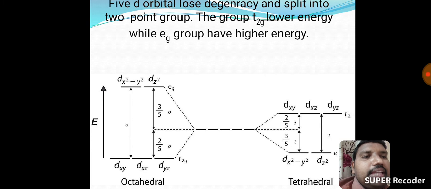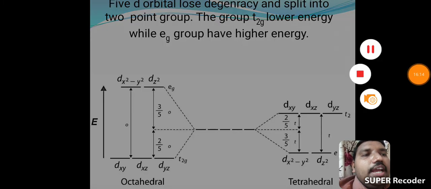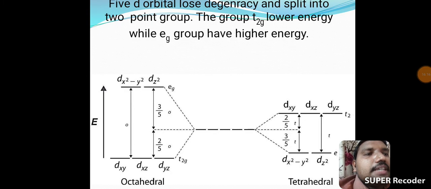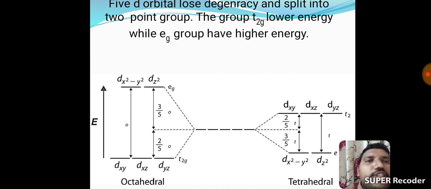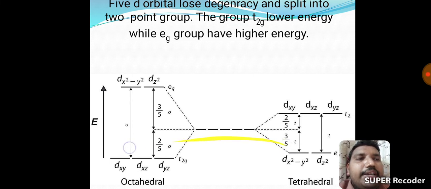This is the main thing to differentiate a tetrahedral complex and an octahedral complex. The 5 d orbitals lose degeneracy and split into 2 groups. The T2g group has lower energy while the Eg group has higher energy. This is the difference between octahedral geometry and tetrahedral geometry.